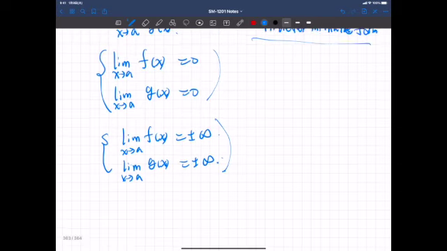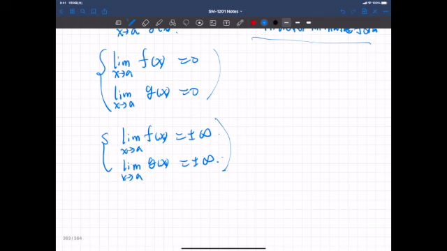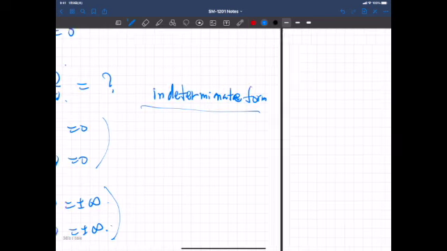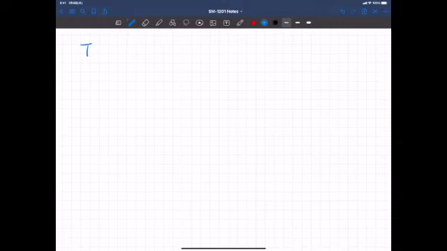Now the next theorem gives a way to calculate the limit of indeterminate forms, and that is called L'Hopital's rule. L'Hopital is a French name.